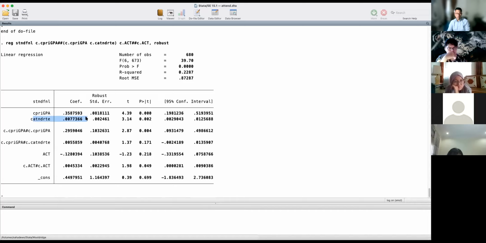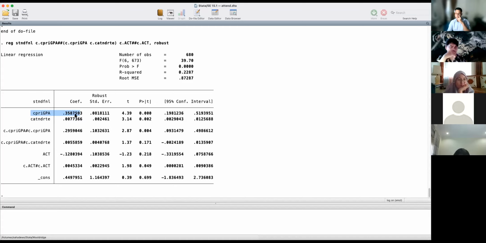However, in this particular regression, the interpretation of the coefficient is going to be the marginal effect of an increase in attendance rate for individuals with average prior GPA. Okay, so that's going to be the interpretation. So similarly, what is the interpretation of the estimated coefficient for prior GPA?